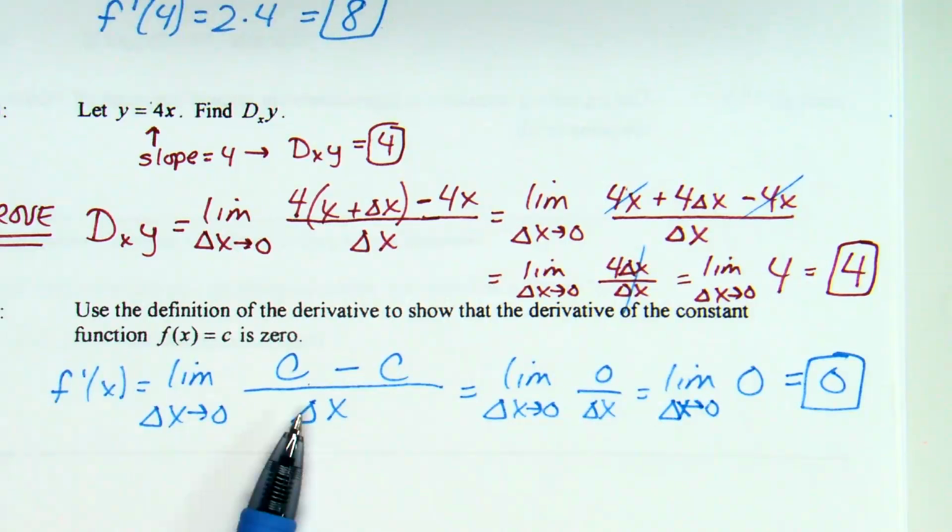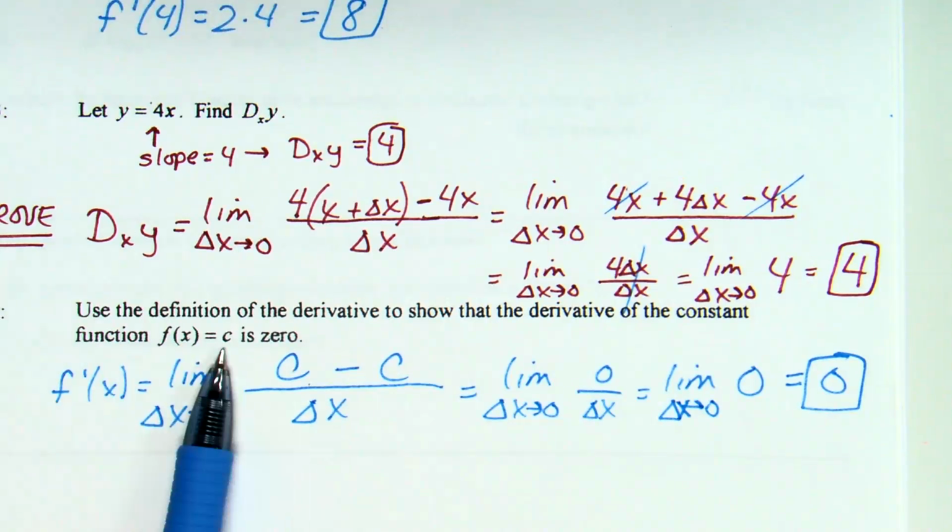No, because that x plus delta x replaces x. In this original function right here, there was no x. C is just a number. And so there was no place to use that x plus delta x. So it just stayed that number.